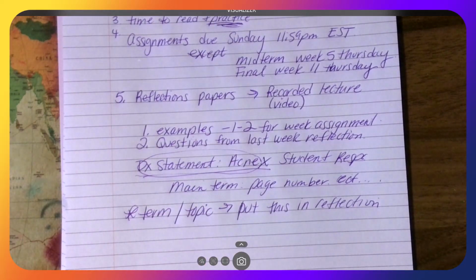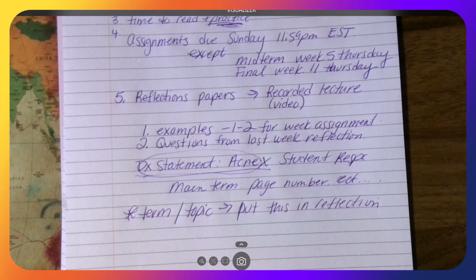But again, the student is what drives these lectures. So if you say that you don't have any questions, I'll go over the examples and the questions from the previous week, and then that's it. So it really is a student-driven lecture if there are additional items that are to be gone over.